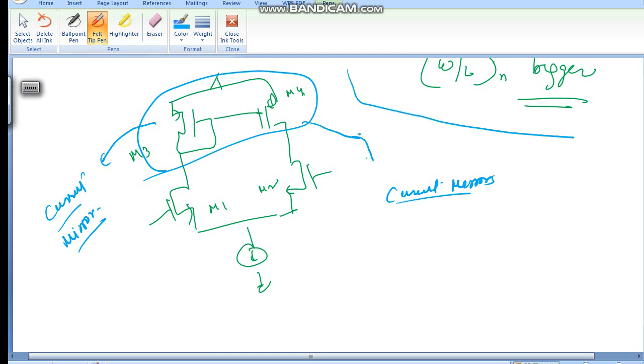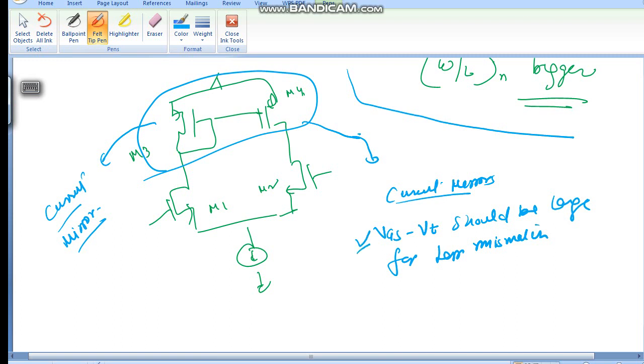For the current mirror we have seen that, to reduce mismatch, VGS minus VT should be large. It means in W by L, width small, length large.